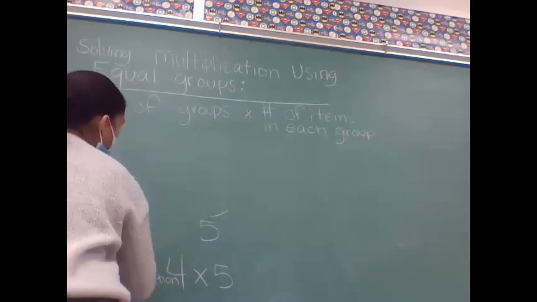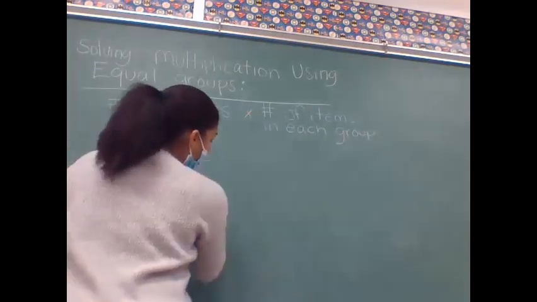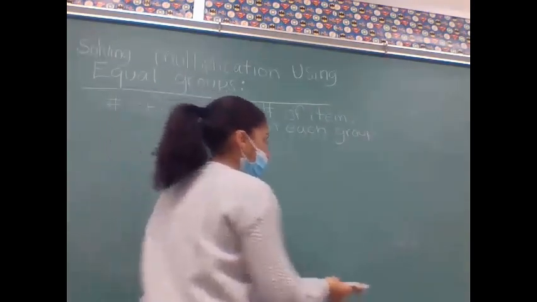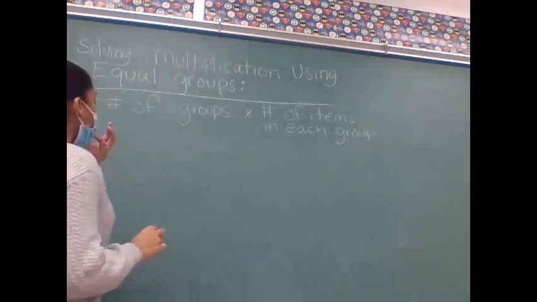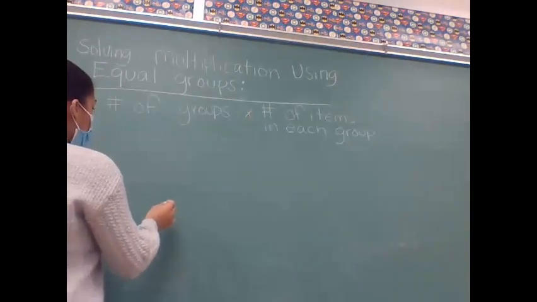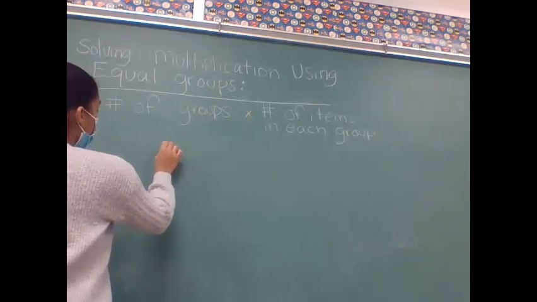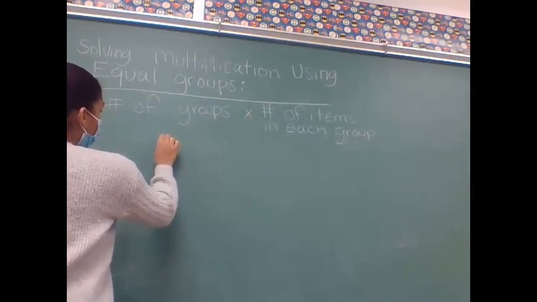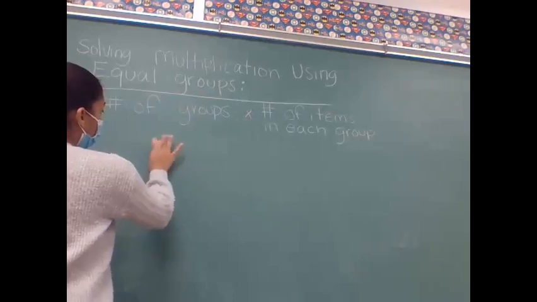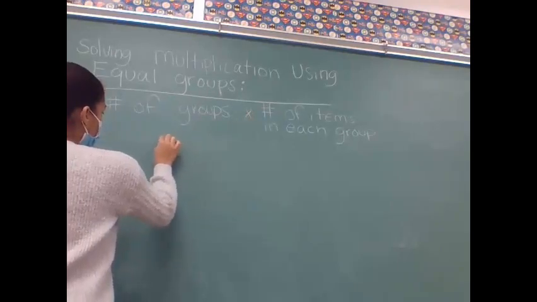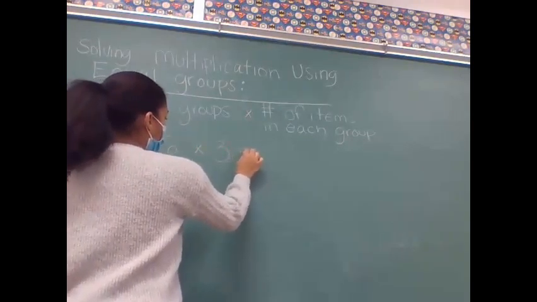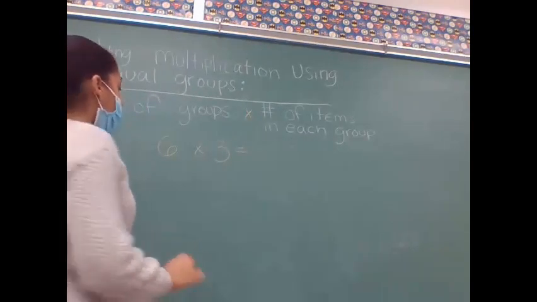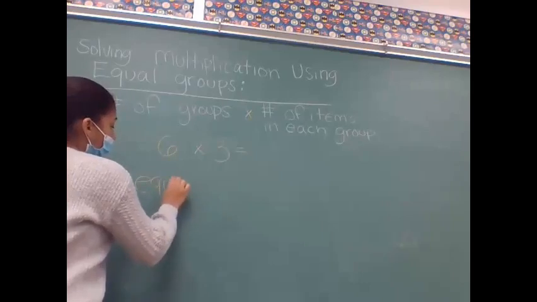So I'm going to write a multiplication expression on the board. We just did 4, right? Let's do 6 times 3. And I want you to draw it as equal groups.